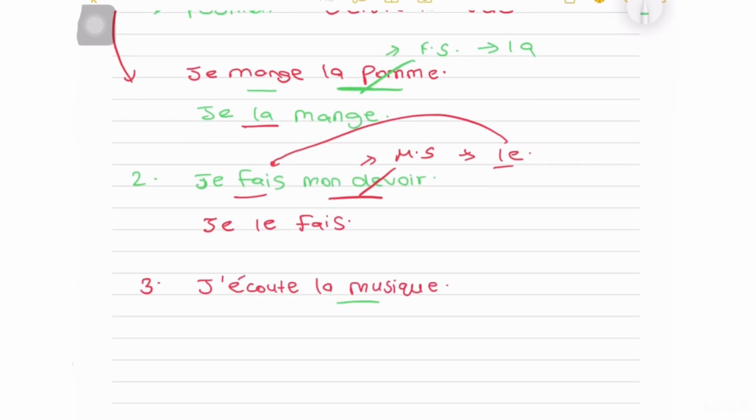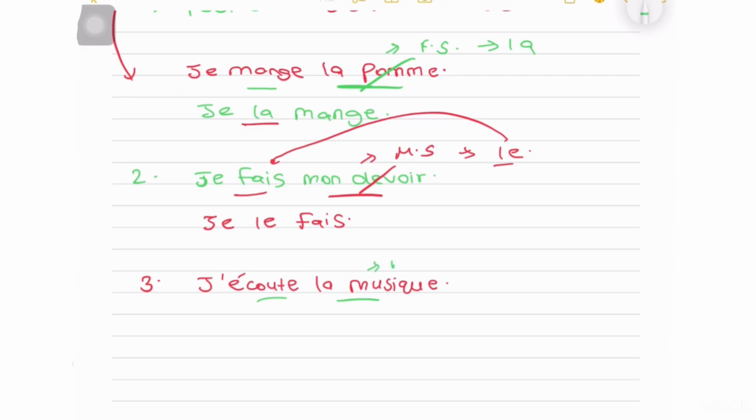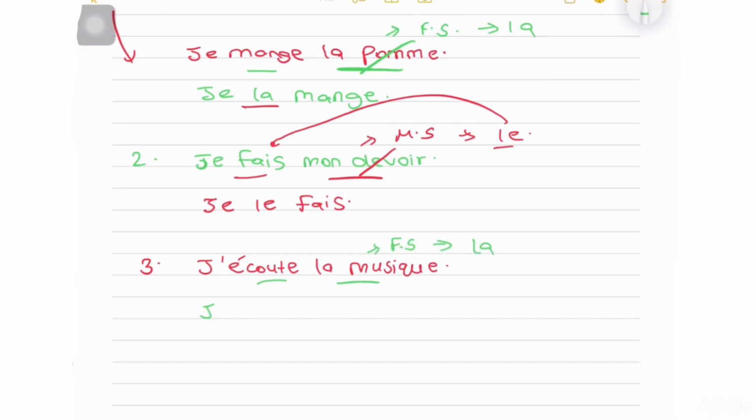Another example. Here I want to replace la musique. Again, nothing between the verb and the noun, so it is COD. I can also ask the question, I listen to the music, what do you listen to? Quelque chose, quoi? So here, la musique is feminine singulier. I'll put la. This J apostrophe becomes je again because I'm going to put a pronoun there, so no vowel clash anymore.